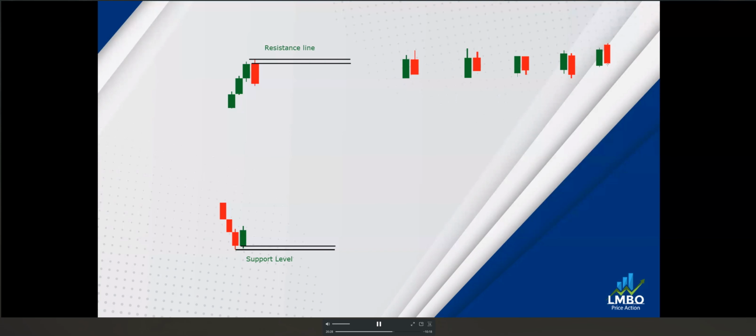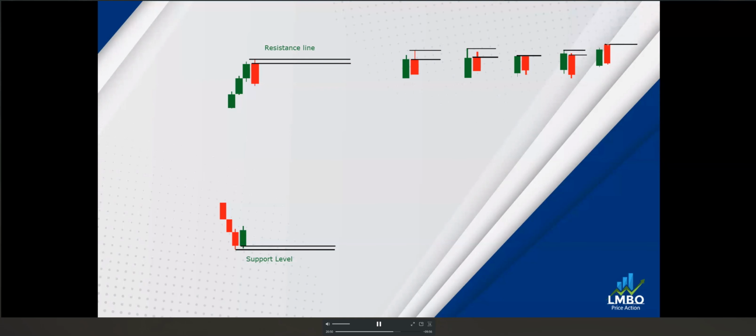So if these are the scenarios, how can we draw it? We will draw the levels like this, this, and this. There will be a single level, there will be this level, and this level.